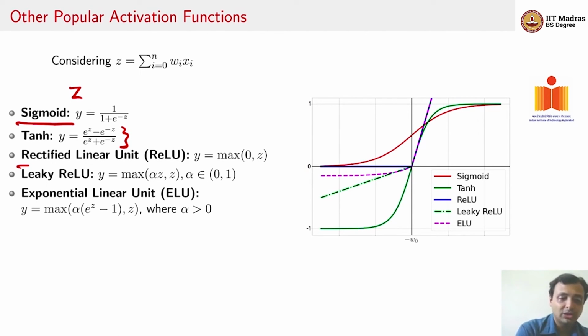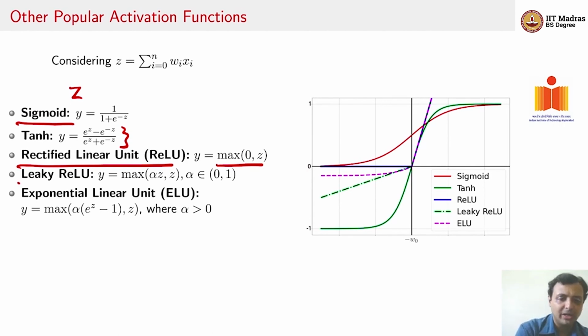There's also an activation function called the rectified linear unit, which is the blue line on this particular graph, given by, if your input is z, the output is max of 0, z. So if your input is negative, it would give you 0. If your input is positive, it will give you the value itself. That's a very, very popular activation function.